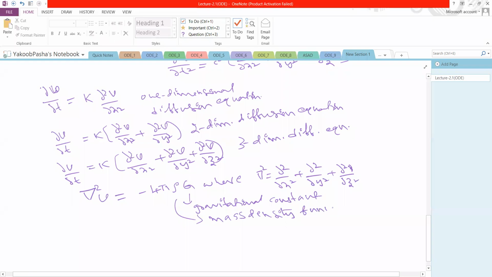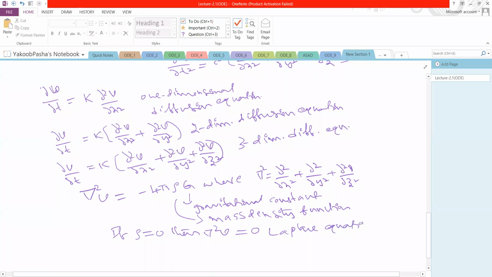If the mass density function is 0, that is, if ρ = 0, then the equation becomes ∇²v = 0. Del square means ∂²/∂x² + ∂²/∂y² + ∂²/∂z², acting on v equal to 0, so it becomes the Laplace equation.